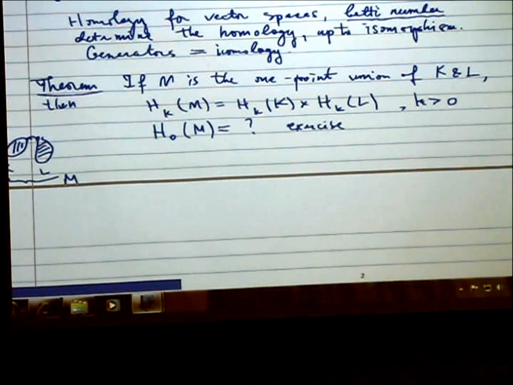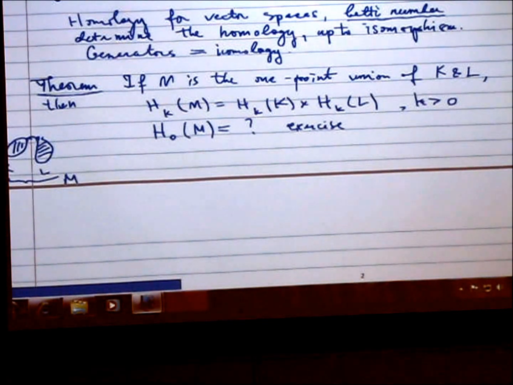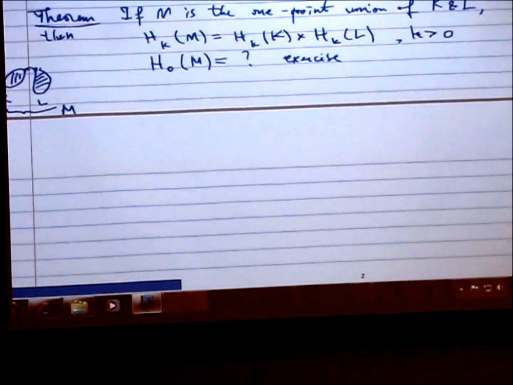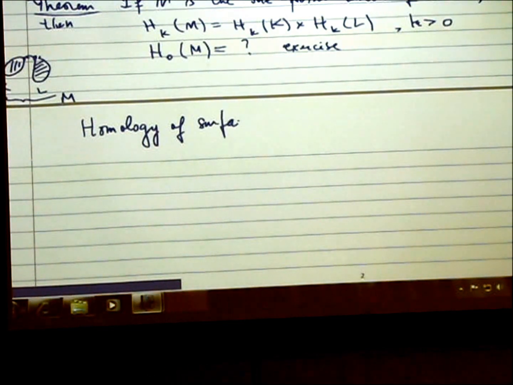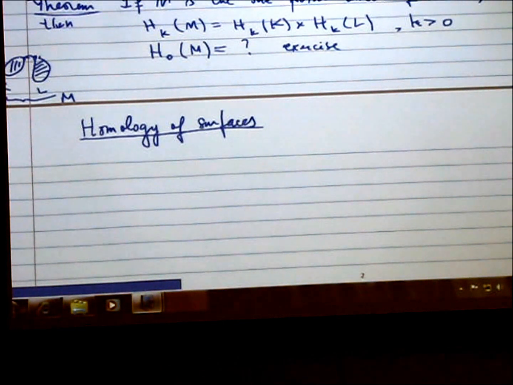Okay, what do we do next? We continue with homology of surfaces. Also, we follow the book, except for the fact that they emphasize groups, and we'll only get back to groups later, at the end of April, and just do a few examples of groups.